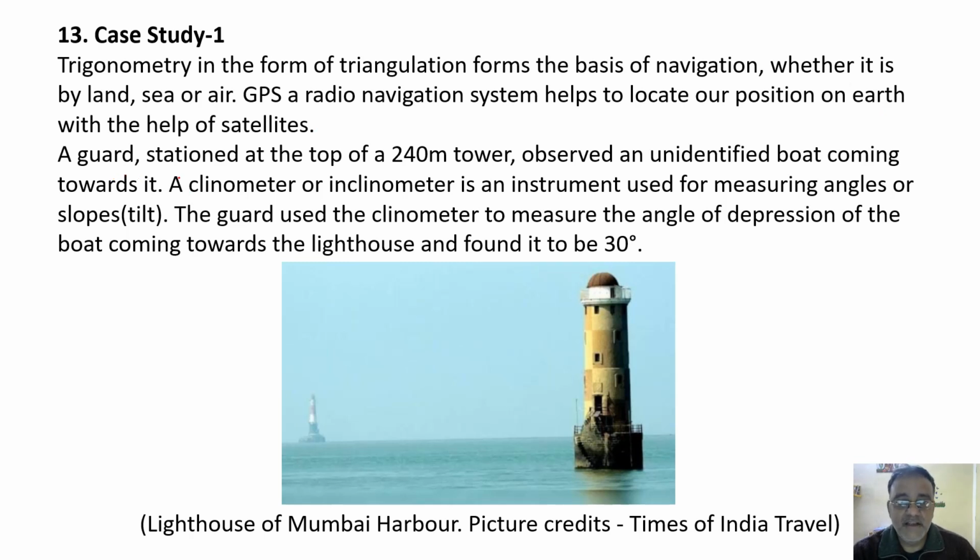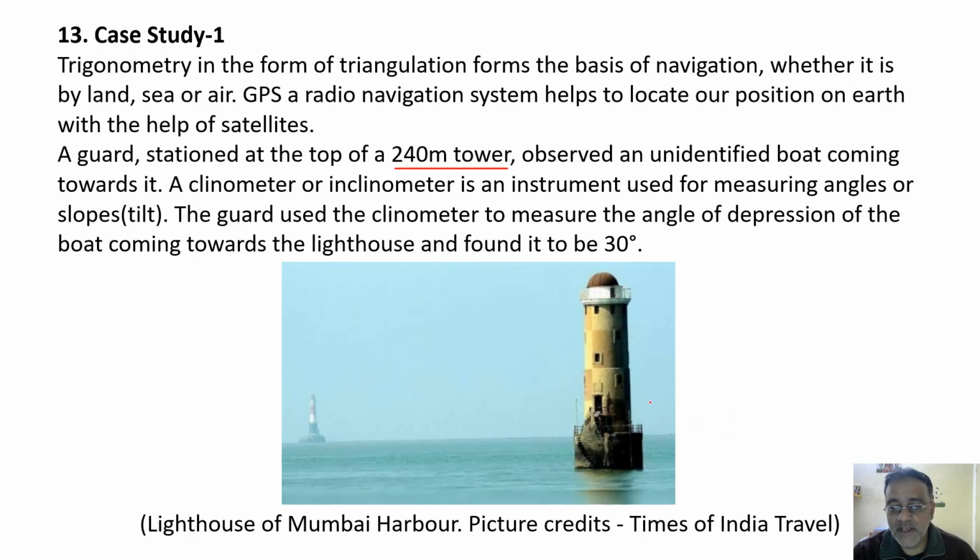A guard stationed at the top of a 240-meter tower observed an unidentified boat coming towards it. A clinometer or inclinometer is an instrument used for measuring angles or slopes, tilt. The guard used the clinometer to measure the angle of depression of the boat coming towards the lighthouse and found it to be 30 degree.